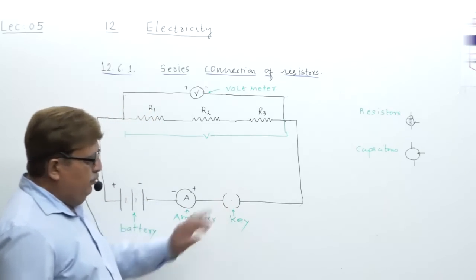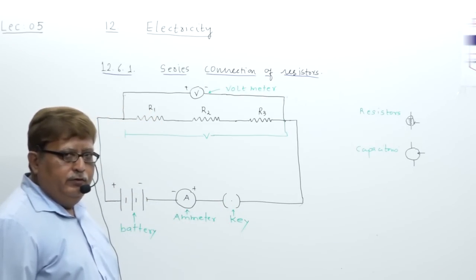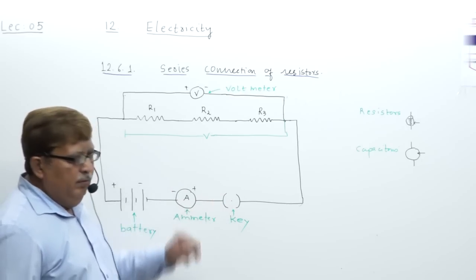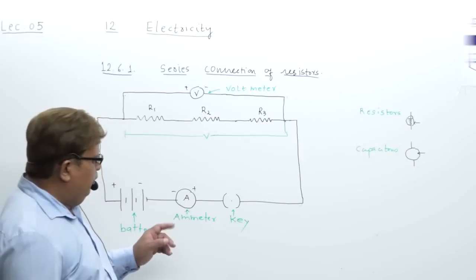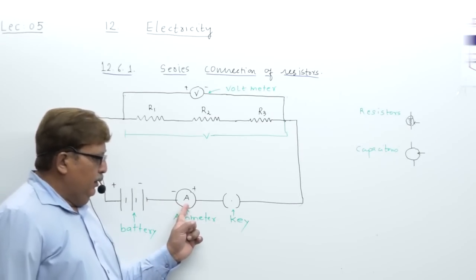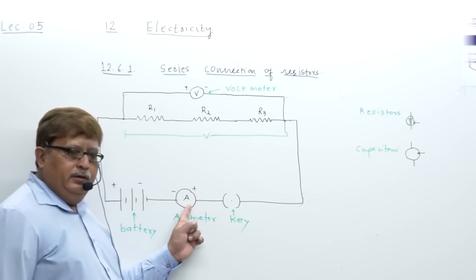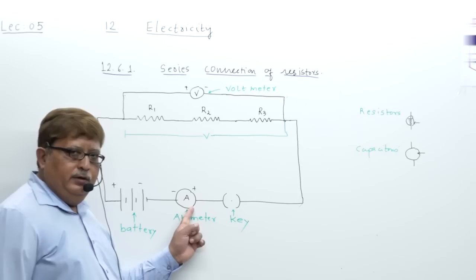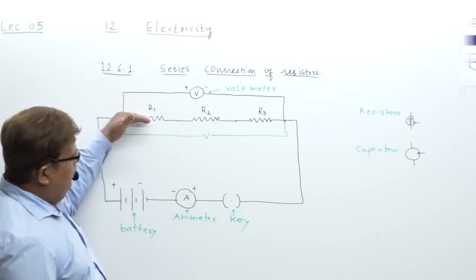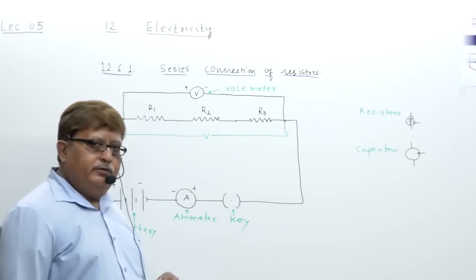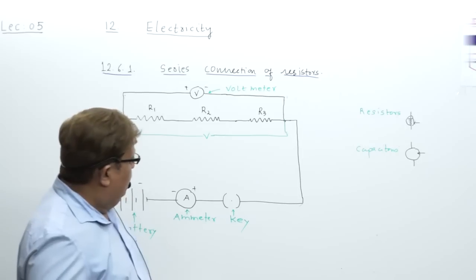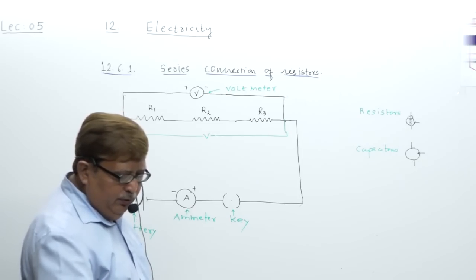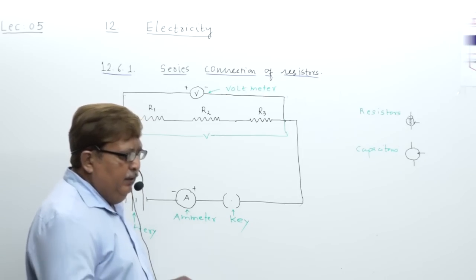If you close the circuit by switching on this key, what will you find? The ammeter reading, that is the reading of current, will be the same in all three resistors. So my dear student, try to understand one very important aspect.